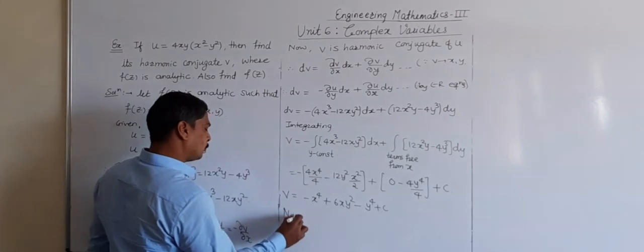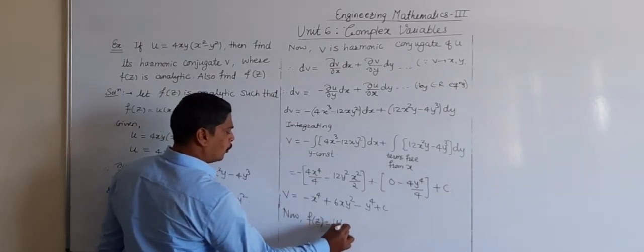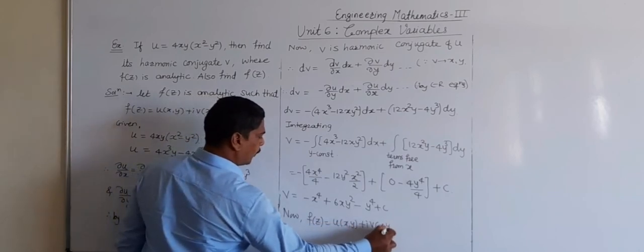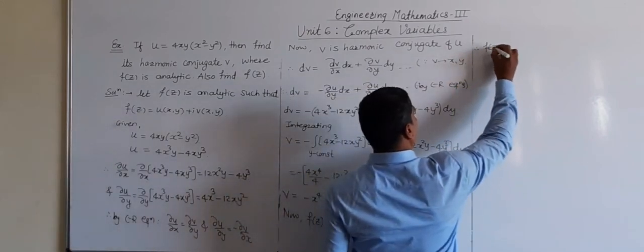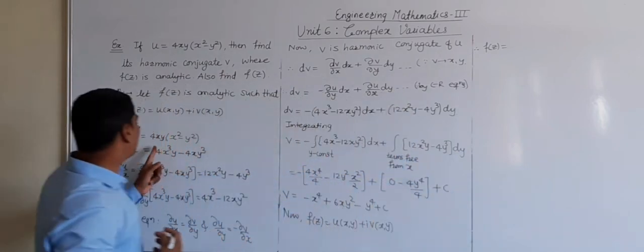Now f of z is equal to u of x comma y plus i into v of x comma y. So therefore f of z is equal to, what is the value of u of x y, which is given.